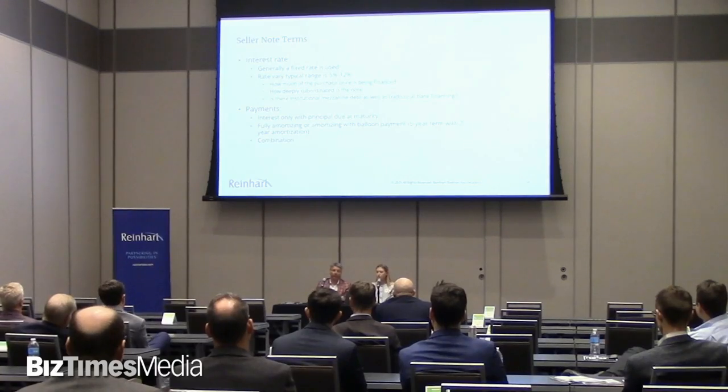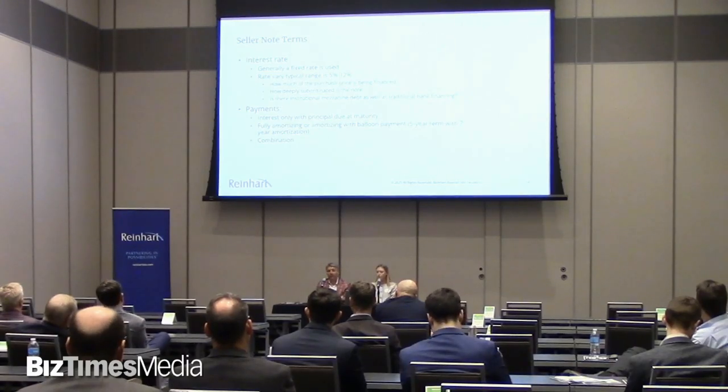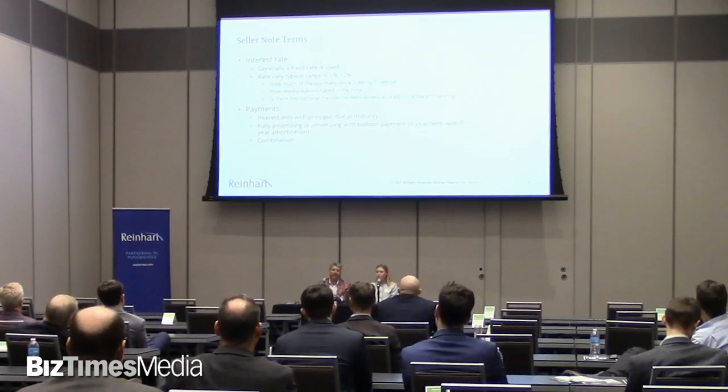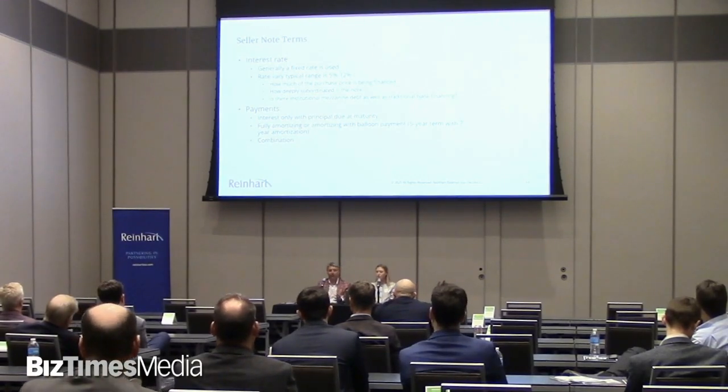So if they're going to put in 10 million of equity, 20 million of debt, and then there's going to be senior financing on top of that, they'll give the seller the same economic terms that they're earning on the 20. Usually the trade-off there is the seller, it's like a participation interest. They get no voting rights, they get no say on it, they're just along for the economic ride.